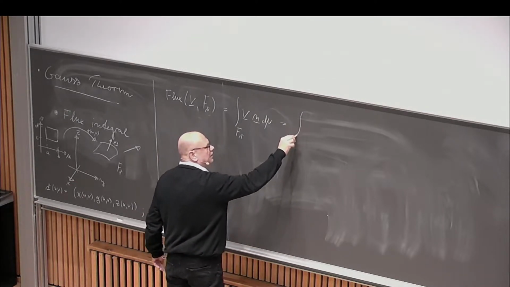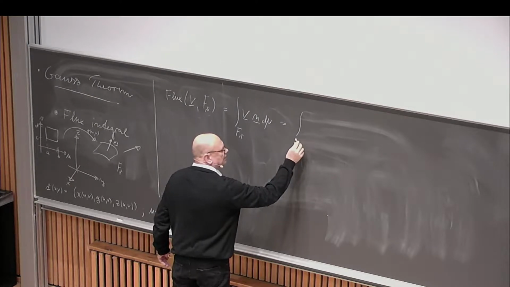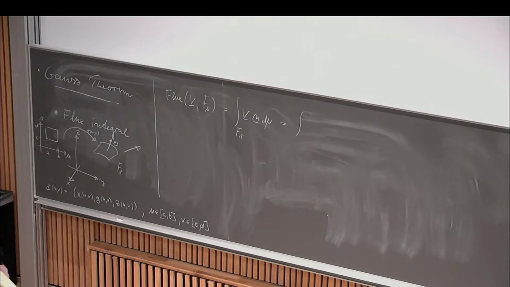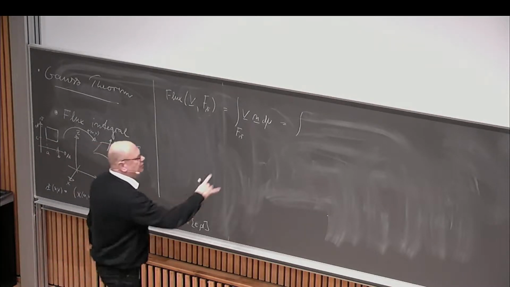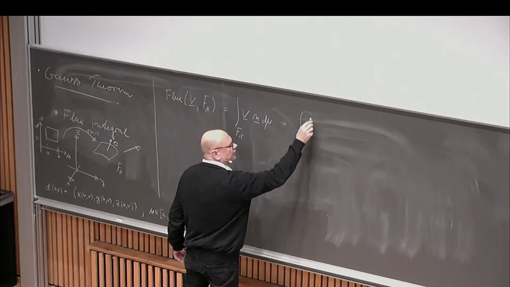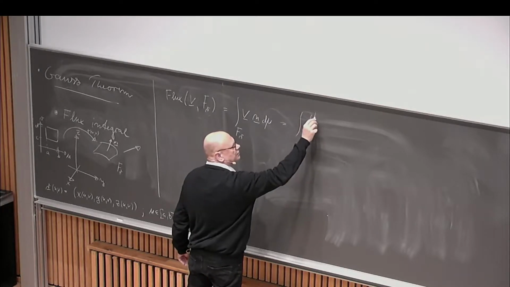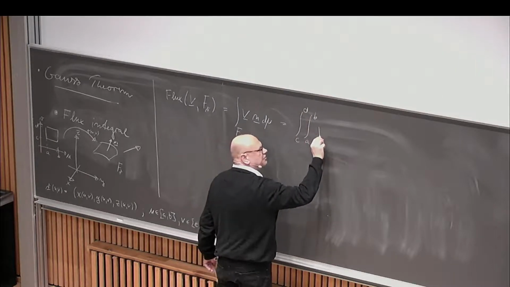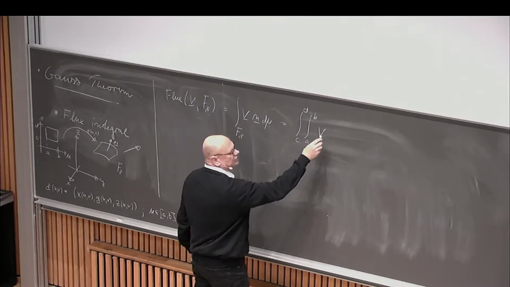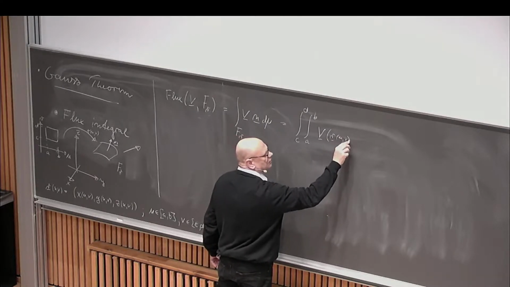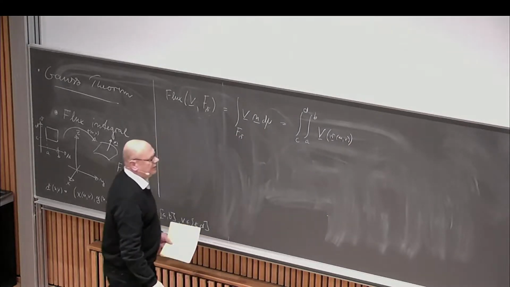And then again we have that given the parametric representation, we can interpret this integral here as a double integral. So it'll be the integral from a to b and from c to d. And then you have the restriction of your vector field to the parametric representation in this way.